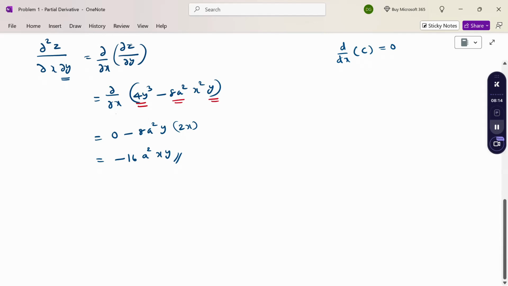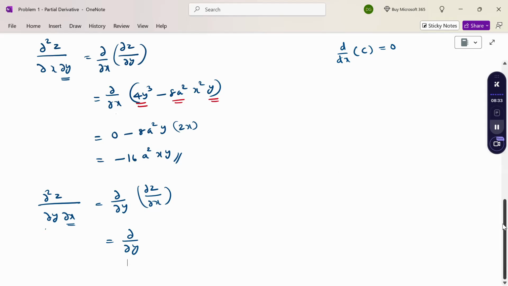And then ∂²z/∂y∂x. I mentioned earlier, the second is the function, the first one is the derivative. Therefore, ∂/∂y of ∂z/∂x. Now you substitute the ∂z/∂x value.